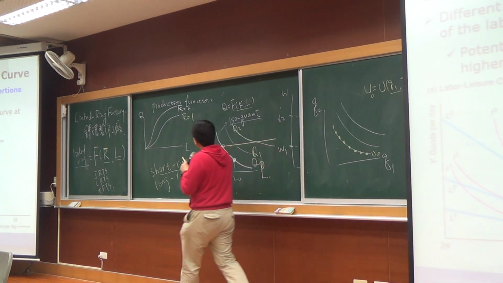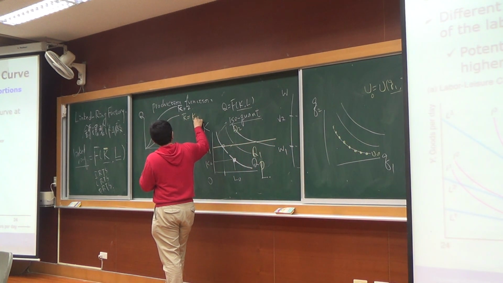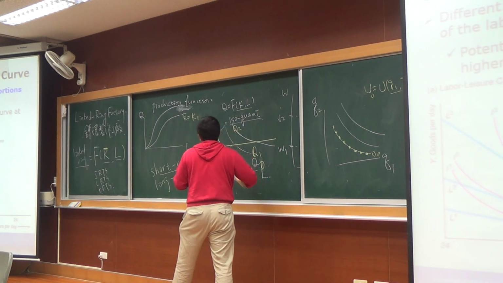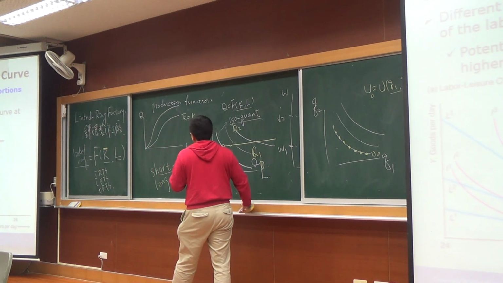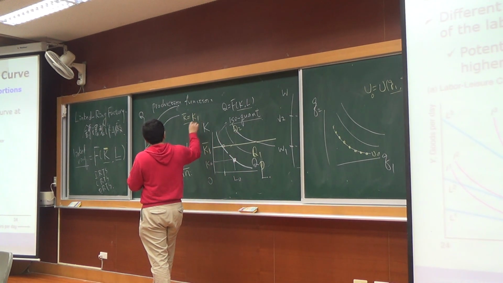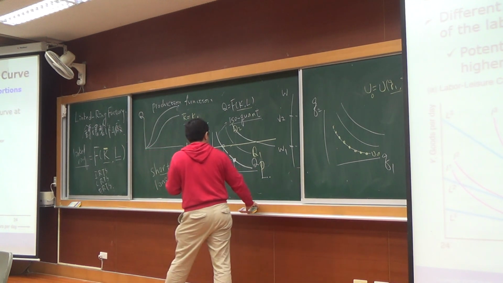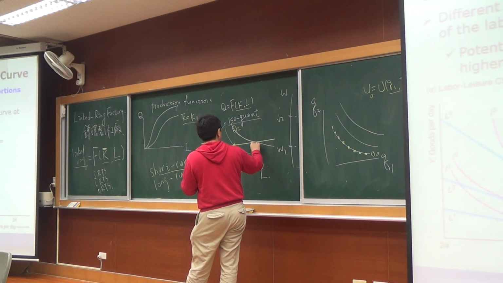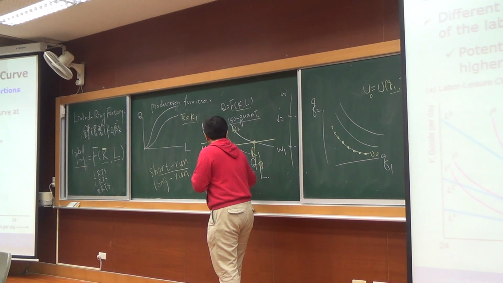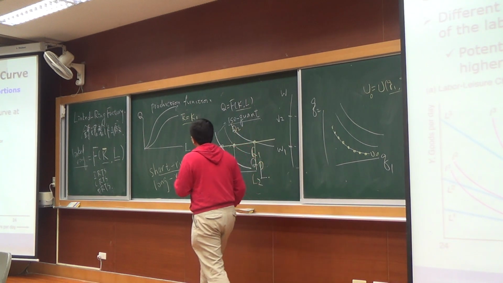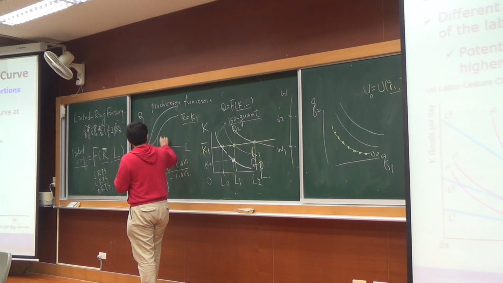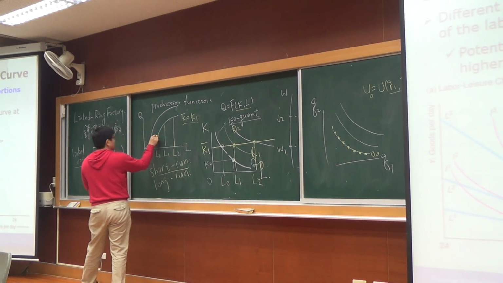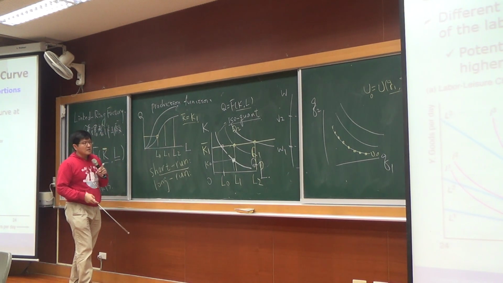Now, if capital is fixed at K1 bar, and labor is L0, L1, L2, this would correspond to what?